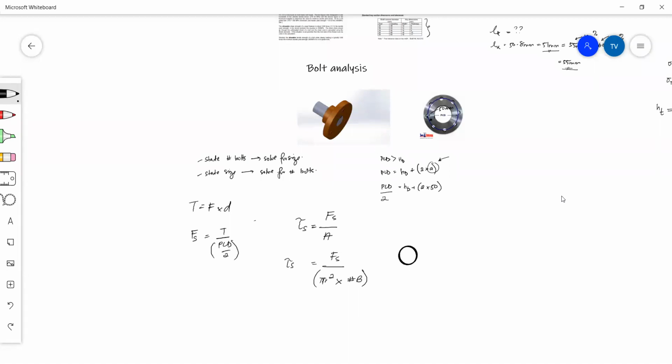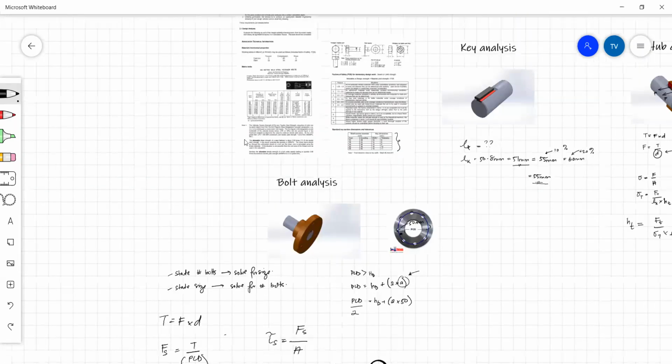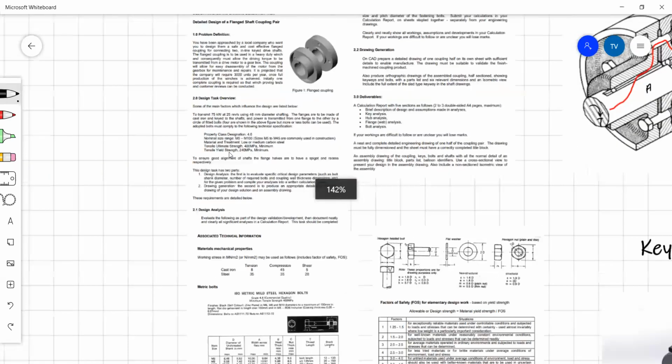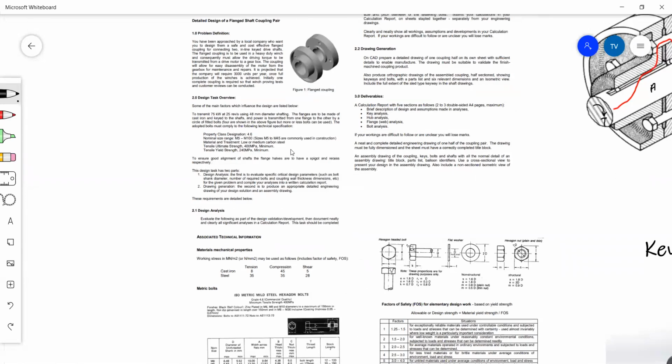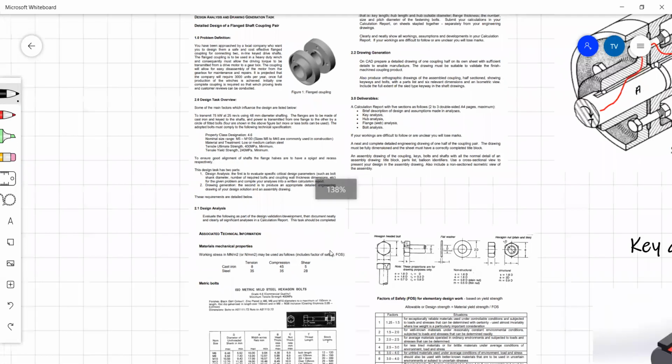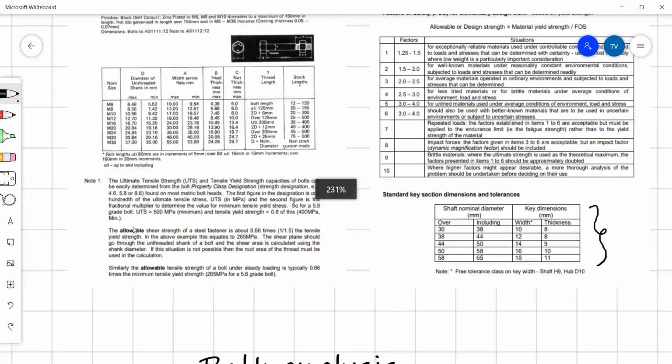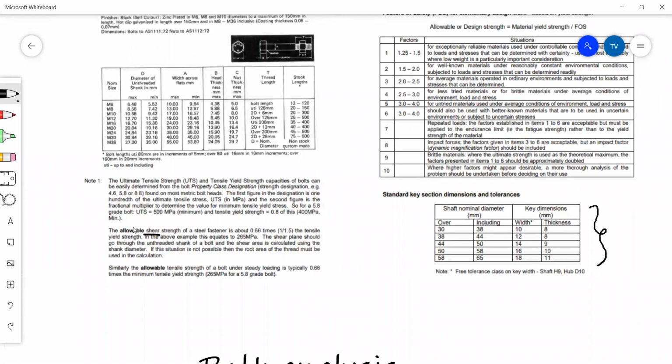Shear stress. Now this shear stress, we will take it from information given in our assignment handout. Now if we go right back to the first page, it says here the tensile yield strength is 240 megapascals. Now we're interested in the shear strength, so we won't use this 240 directly. But if we then go and read the information about bolts, it says here the allowable shear strength of a steel fastener is about 0.6 times the tensile yield strength.